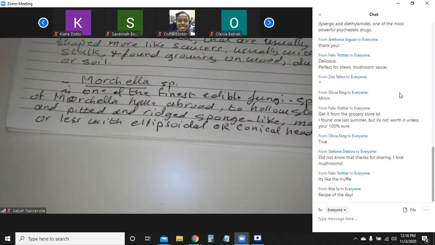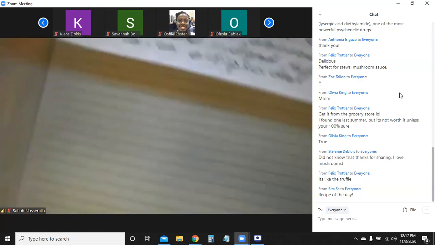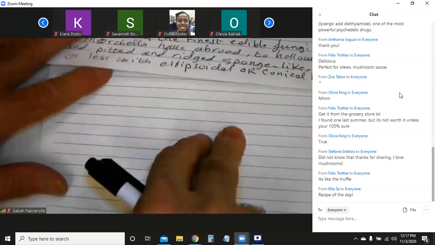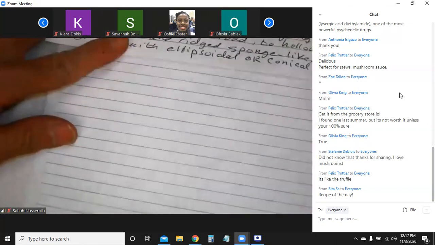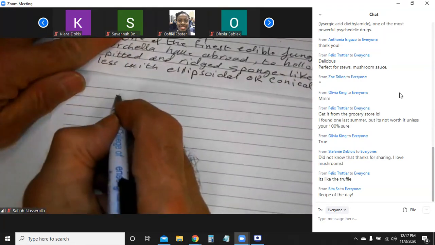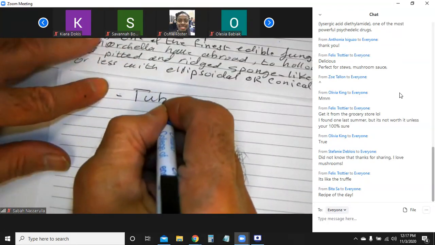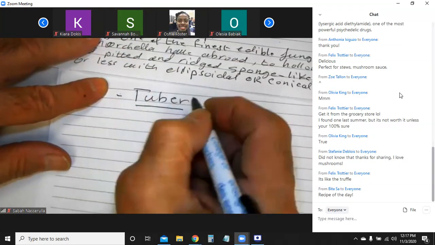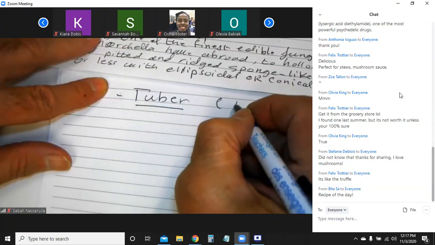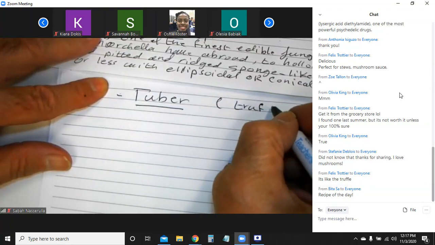The other example in which the asci are also included in the form of apothecia is basically the truffle. You hear of truffle, but truffle, of course, is a common name. It is under the genus Tuber, commonly known as truffles.